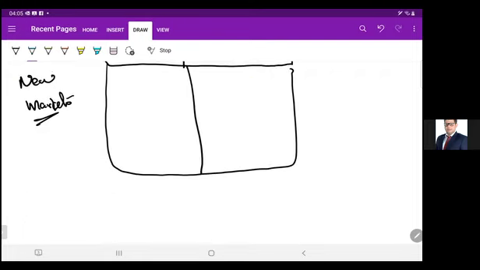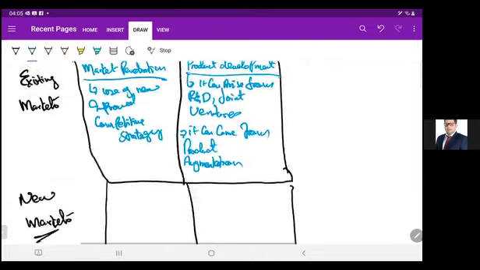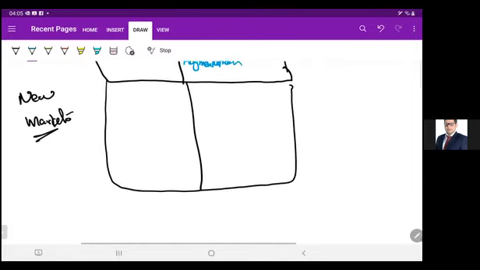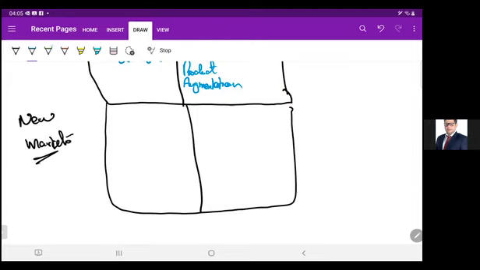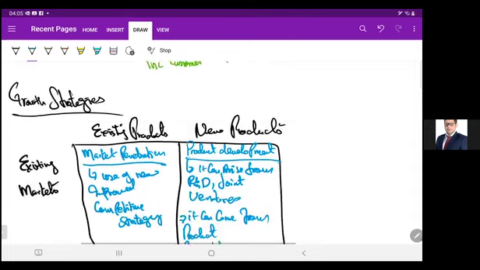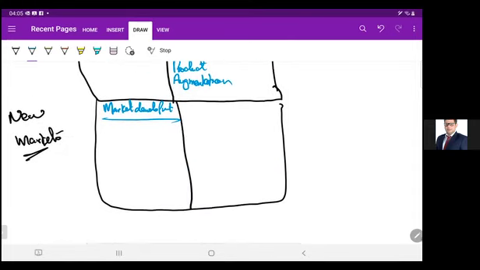New markets and existing product: what you will need to do is market development, right? New market, existing product, market development.